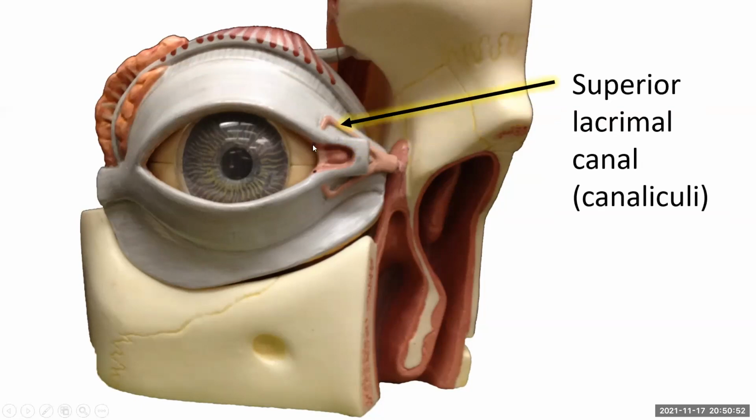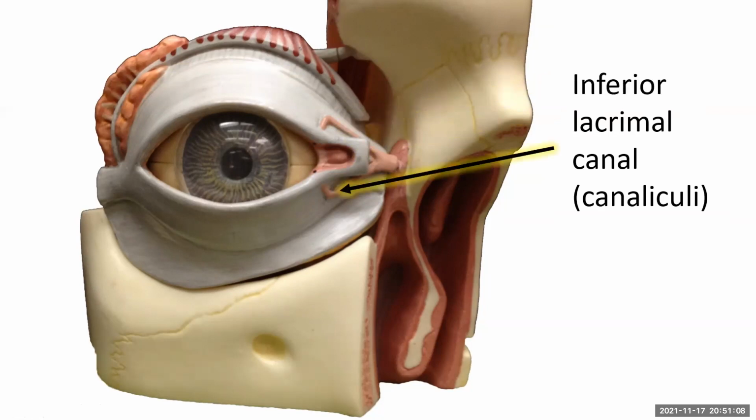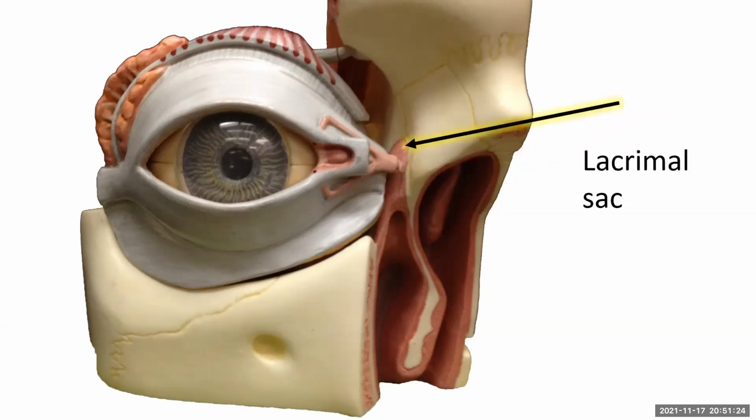So here's that tubular system that's going to drain from the puncta. This is the superior lacrimal canal, or the superior lacrimal canaliculi. Then right below it is the inferior lacrimal canal, or the inferior lacrimal canaliculi. Both of them are going to drain into the lacrimal sac.